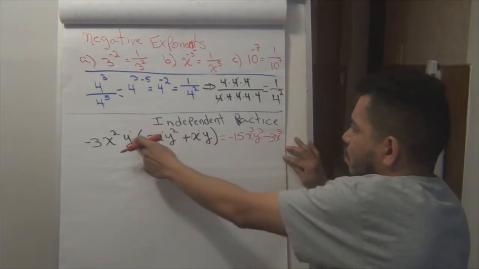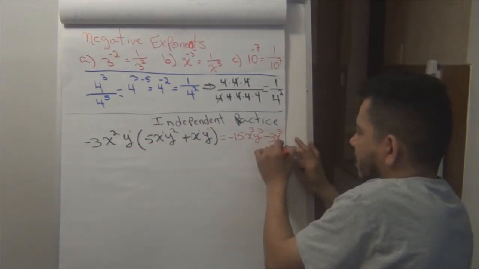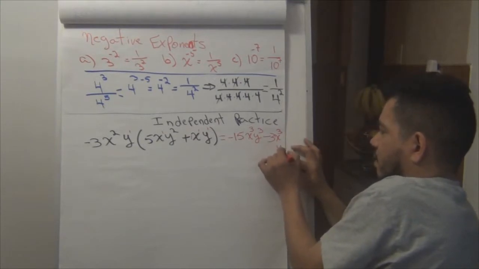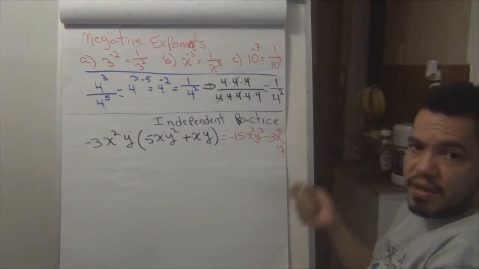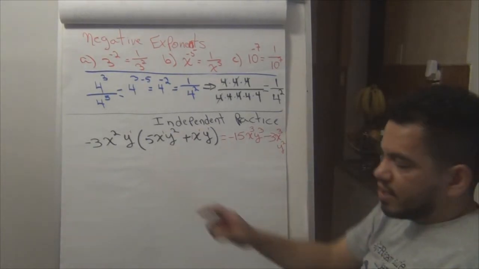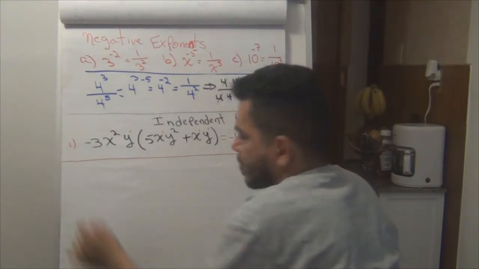And then y to the first times y to the first is, oh my god, y squared. Next to the x to the third power. I'm sorry, didn't fit. Should have written smaller, right? So that takes care of the first problem.